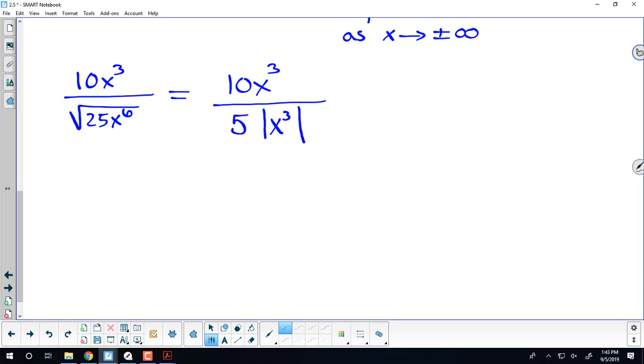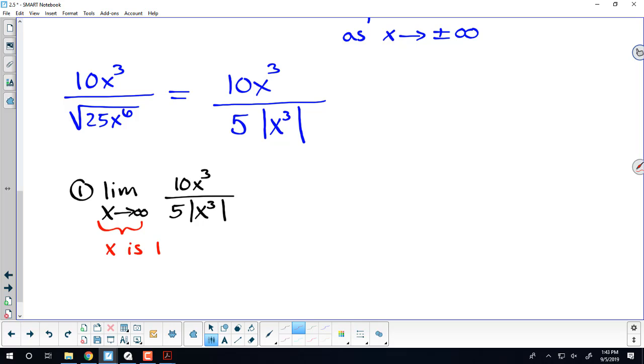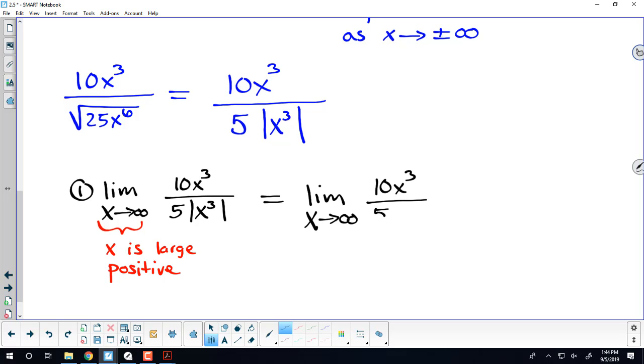So then we compute the limit as x approaches infinity of 10x cubed over 5 times the absolute value of x cubed. Again, we know that x is positive, so we're just computing the limit as x approaches infinity of 10x cubed over 5x cubed.